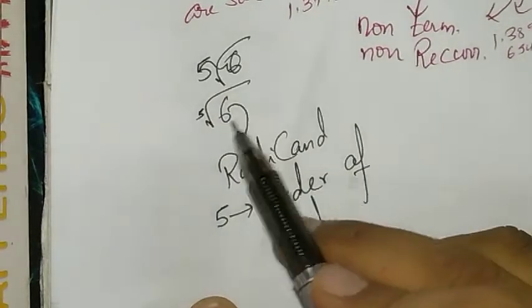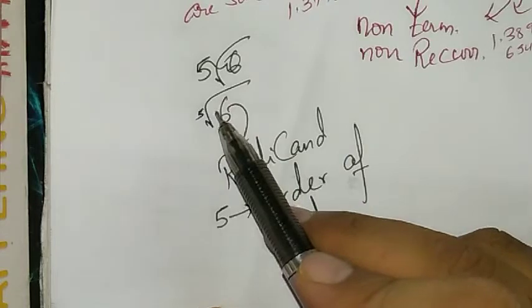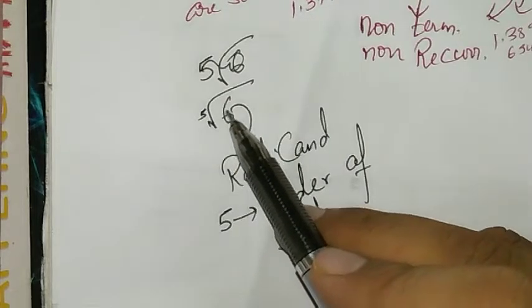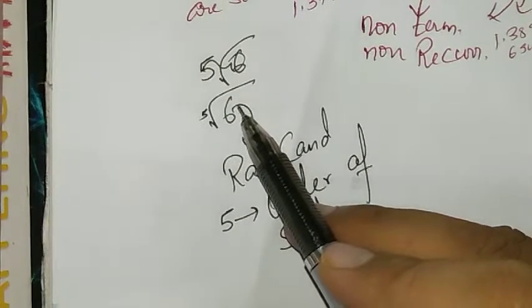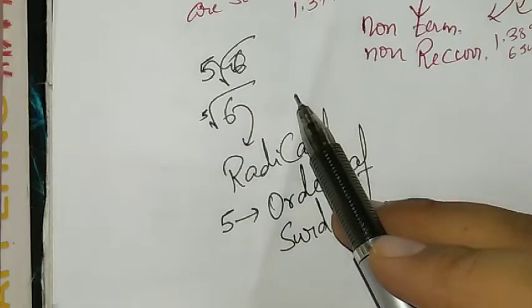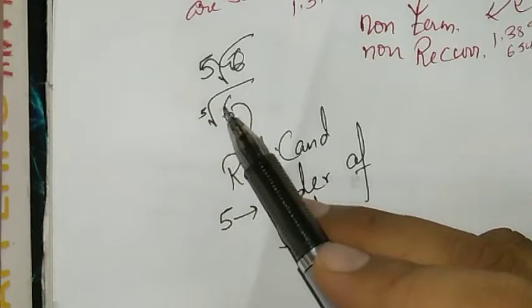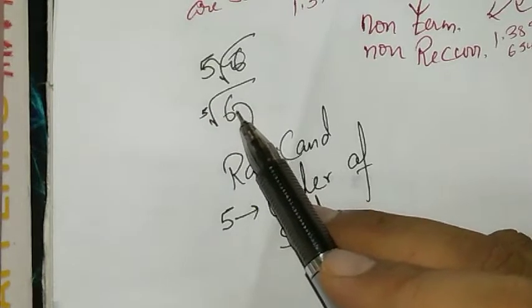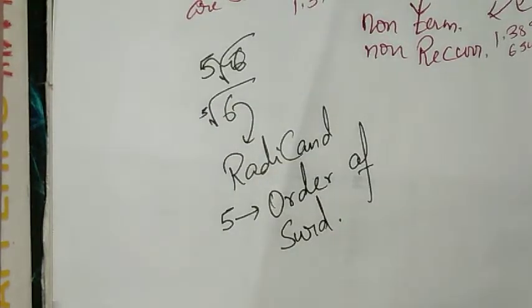Okay students, 6 will be called the radicand, and whatever root it is, fifth root, sixth root, seventh root, if that value is non-terminating and non-recurring, then this 5 or n, anything, will be called the order of the surd.